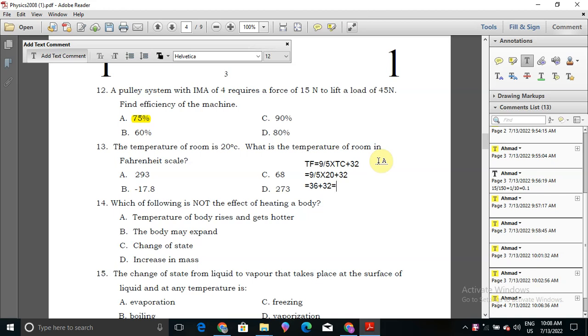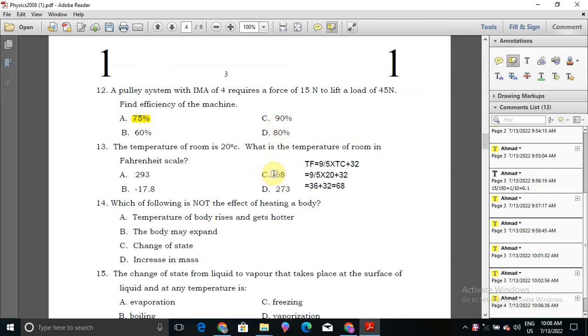Then the last answer will be 68 degrees. So the correct answer for question number 13 is choice C, which is 68 degrees Fahrenheit.